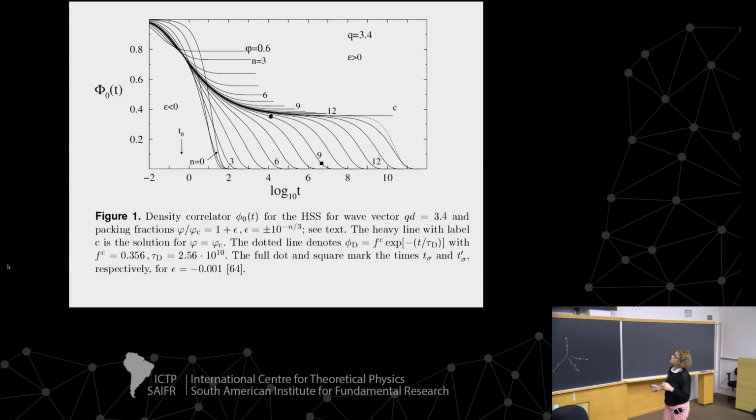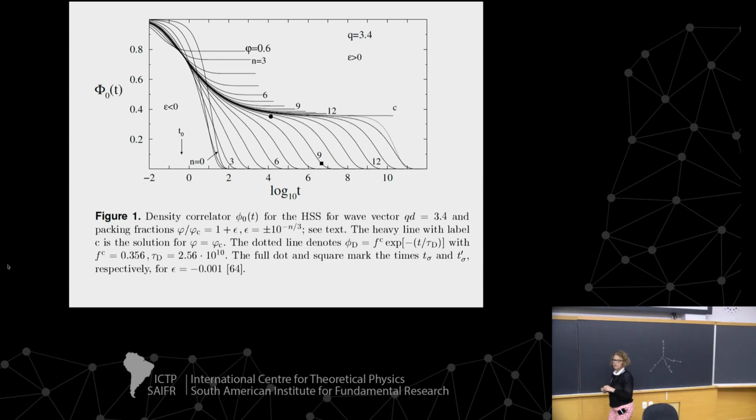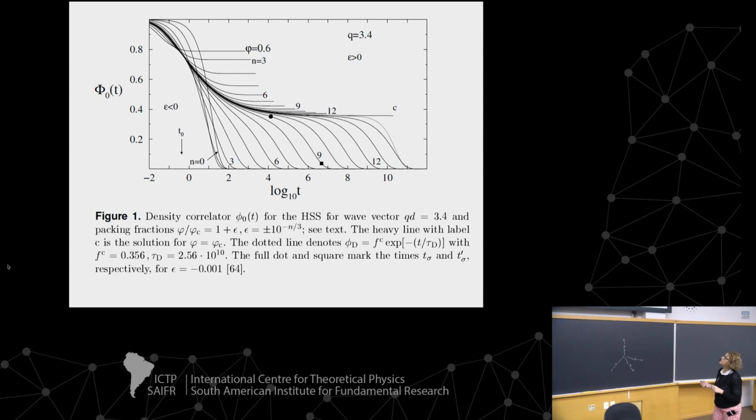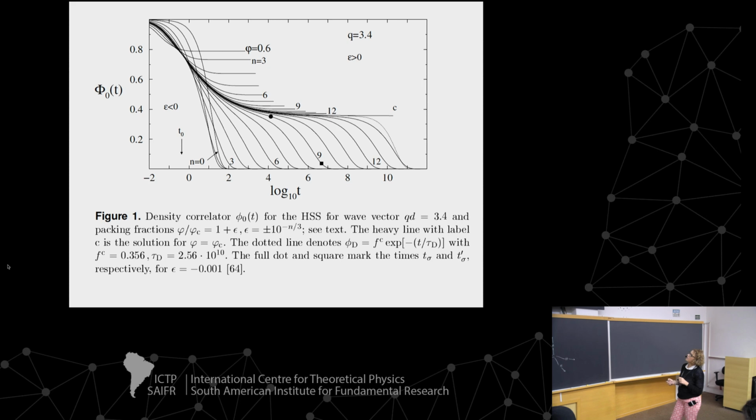So what am I expecting? This is a density correlator calculated for the hard sphere system. In this case, this is not a result of a simulation, but the result of plugging in the S of k that for hard spheres can be calculated inside the mode-coupling theory equations. If you do this, then you have this stretched exponential behavior that comes out of the correlator.